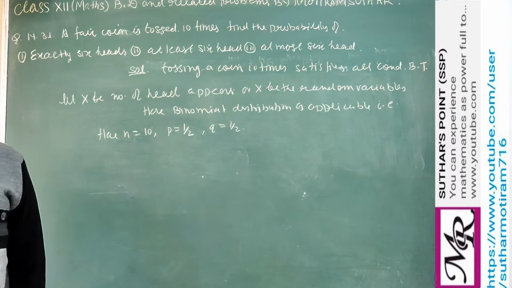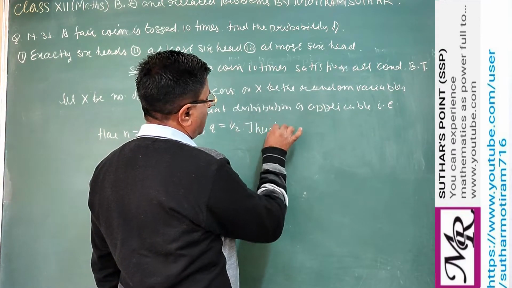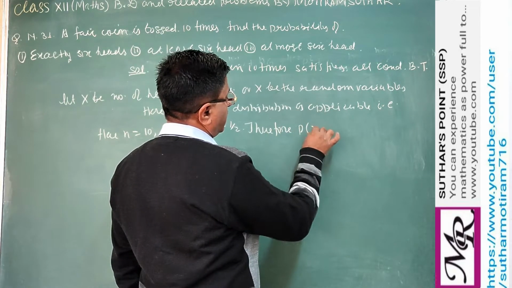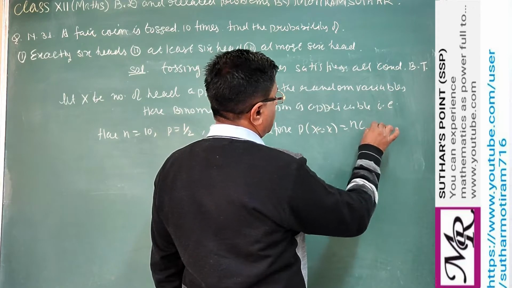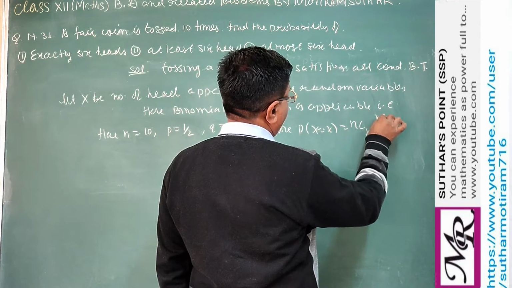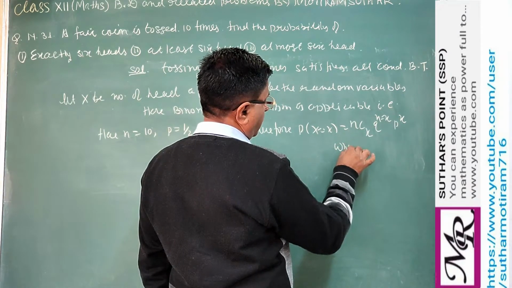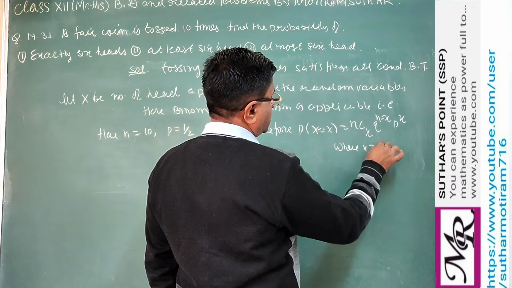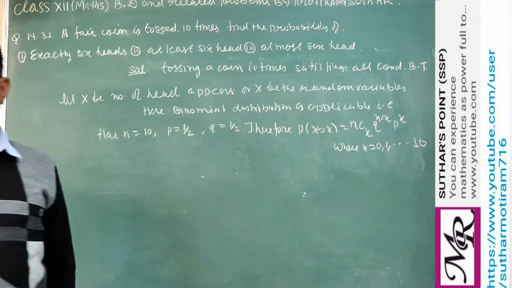So we use the formula, therefore probability of x successes is given by nCx q power n minus x p power x, where x may be 0, 1, 2, 3 up to 10, or up to n.